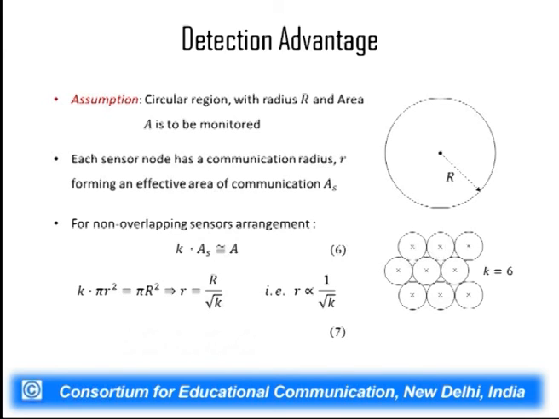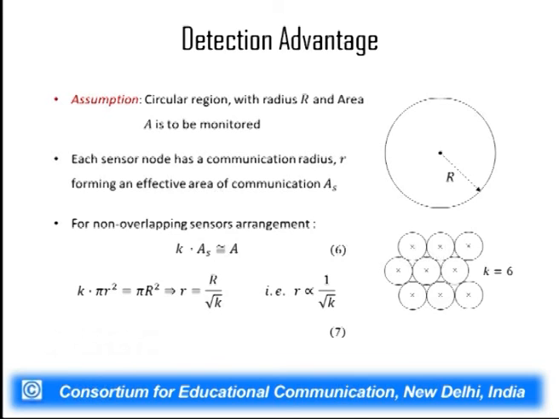We have some sensors with us, so we have to somehow fit them into the circle so that approximately it can cover the area. So the assumption we have here is a circular region R, which has to be monitored, and the area associated is A. Each sensor node has a radius small r, and it forms its own effective area of communication AS.